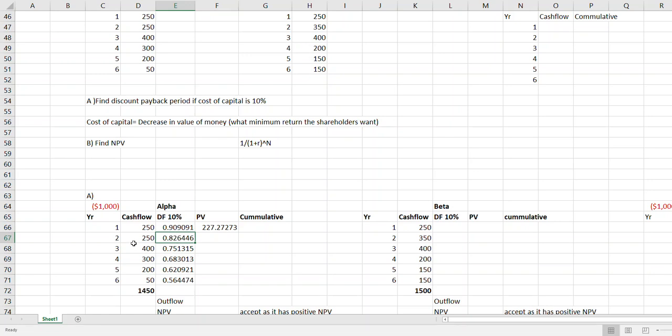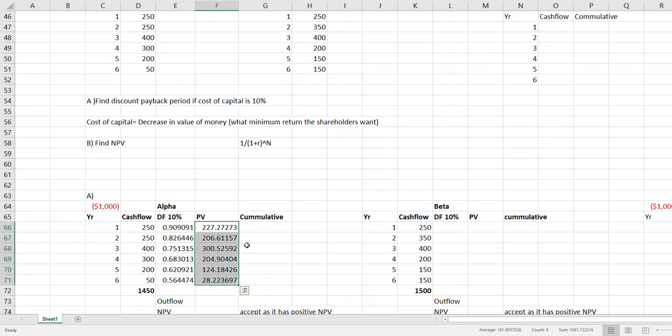If $1 becomes 82 cents, 250 will become 206. See, it is the same amount. But 250 in year 1 is more than 250 in year 2. Remember, this is the end of year 1, not the start. Start would be year 0. So I can drag it and it will give me the present value.